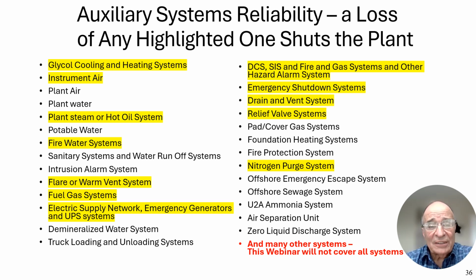Unfortunately, because they are auxiliary systems, quite often they do not get the maintenance attention that the LNG and BOG systems get. So you need to keep in mind that the auxiliary system is as important as the LNG and BOG systems. They must be kept functional and highly reliable.